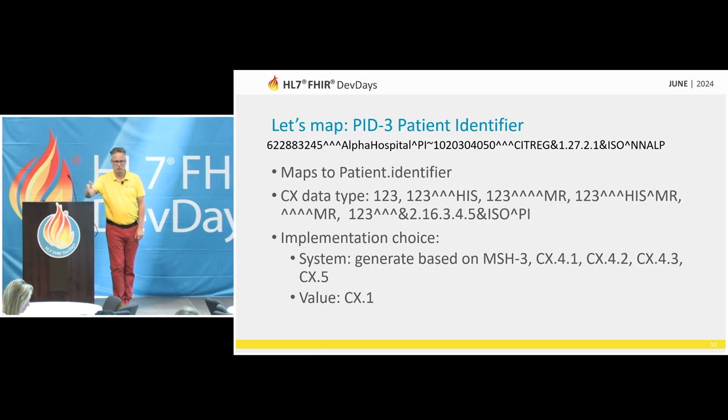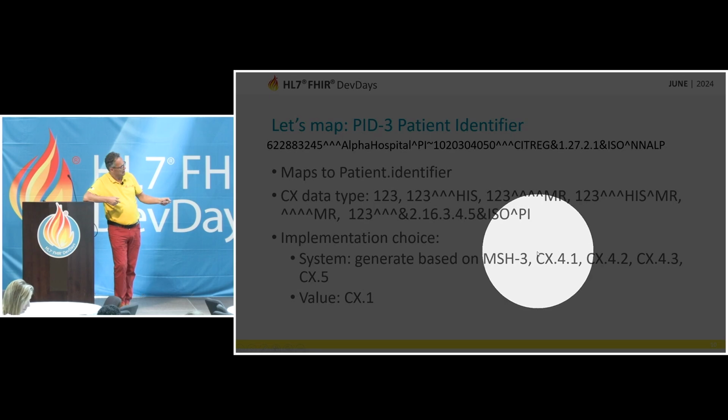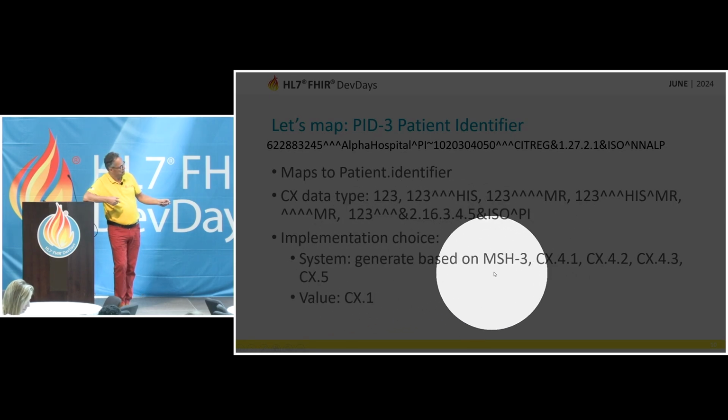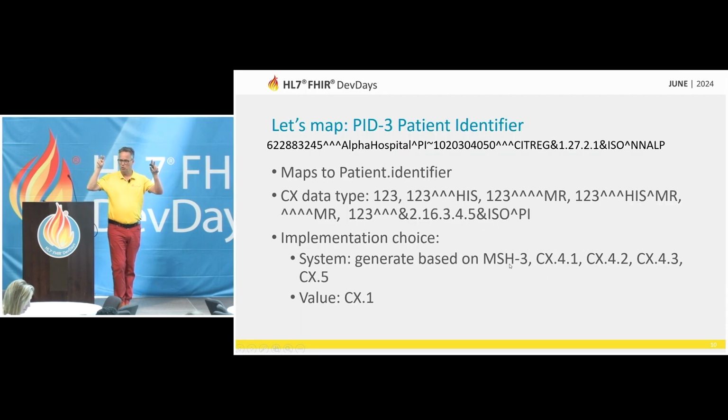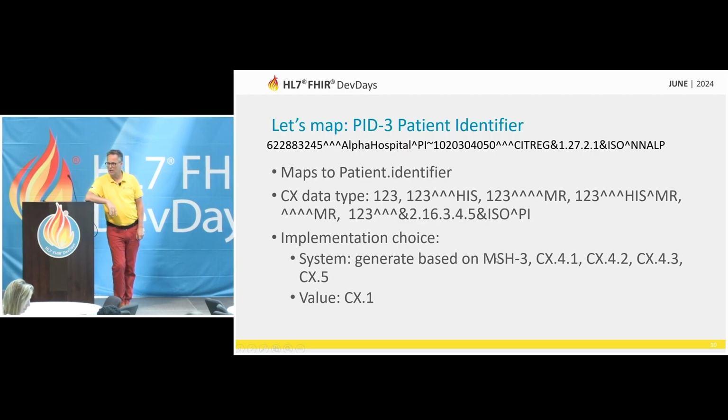You can state, I'm going to leave it empty, but in my implementation, I decided, no, I'm not ever going to leave that as an empty field. So I'm going to look at all of these fields and have some logic to combine all of that into a URL that identifies my identification system. If there is nothing in the CX data type, I use MSH3, which is the name of the sending application.